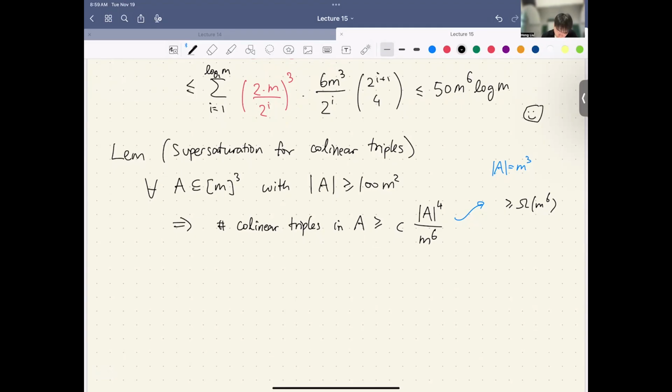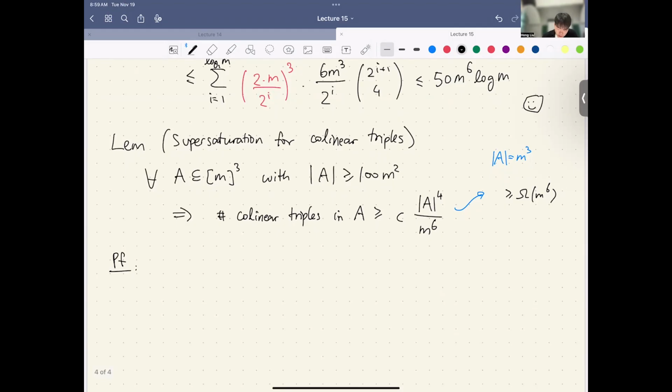How do we prove it? We do counting again, basically by convexity, Jensen's inequality. Let's let f(x) be this x choose 3 convex function, but we need to make sure that x is at least 2. Otherwise, this is 0, it's not defined. So f(x) means when x is less than 2, it's 0.